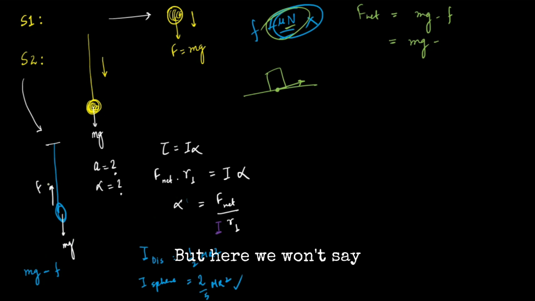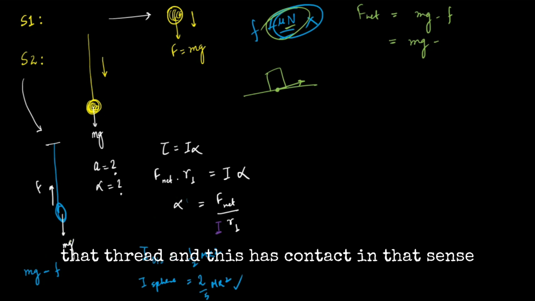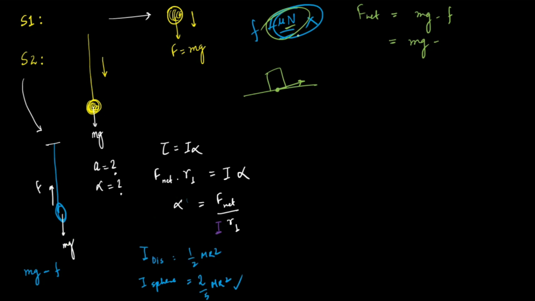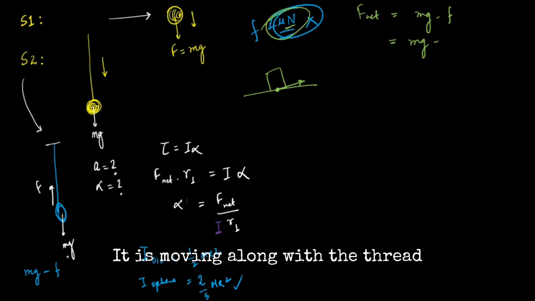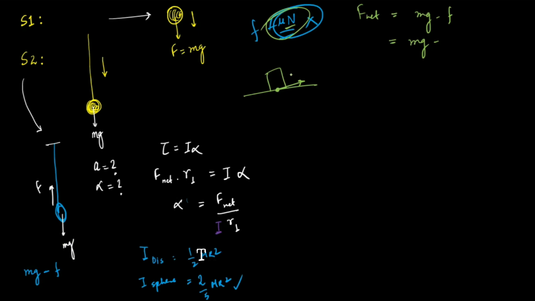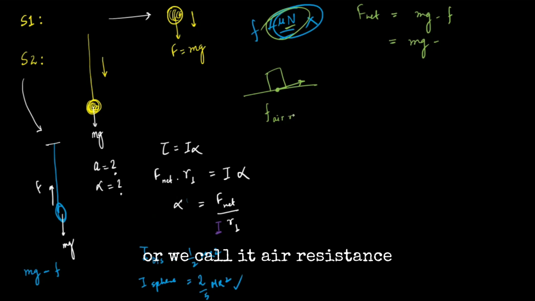But here we won't say the thread and this have contact in that sense, because the object is not sliding over the thread. It is moving along with the thread. So we cannot apply this. Now what can we apply? We can take it as air friction, or air resistance.